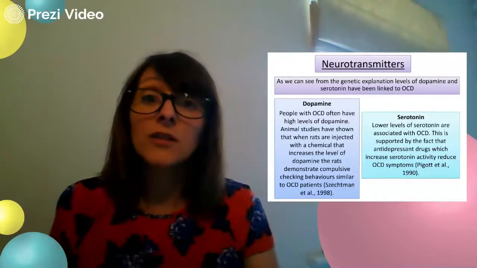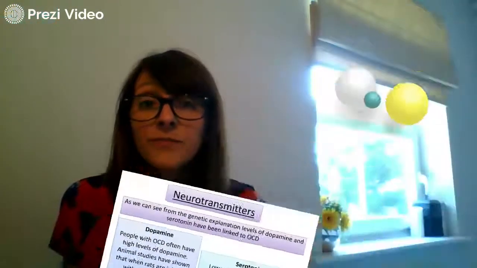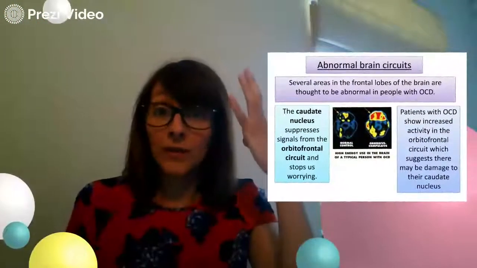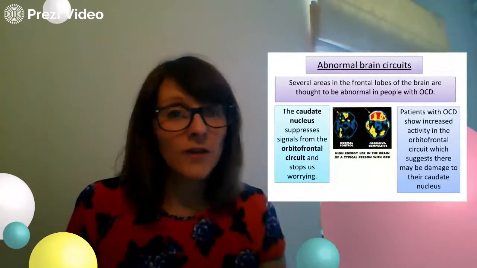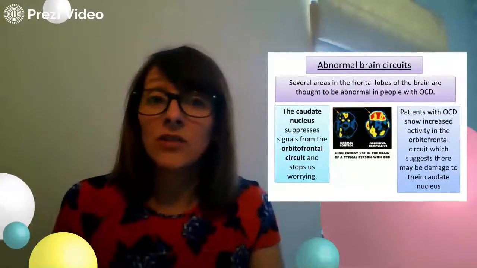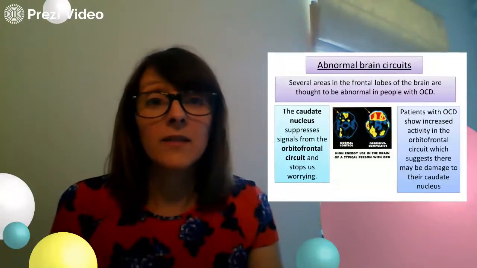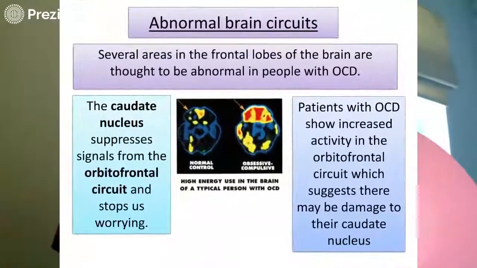So our final biological explanation is to do with our brain and the functions within our brain, and this links to abnormal brain circuits. Researchers suggested that lots of areas of the frontal lobes are thought to be abnormal in someone with OCD.